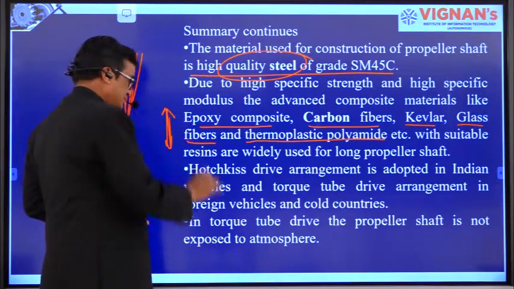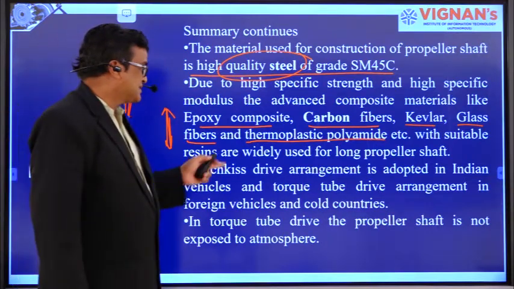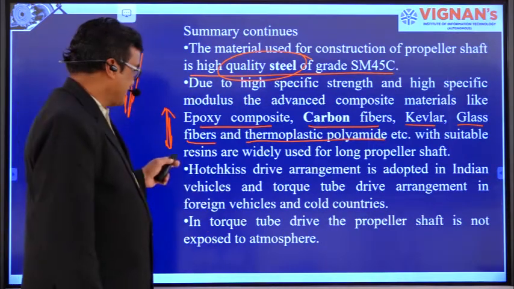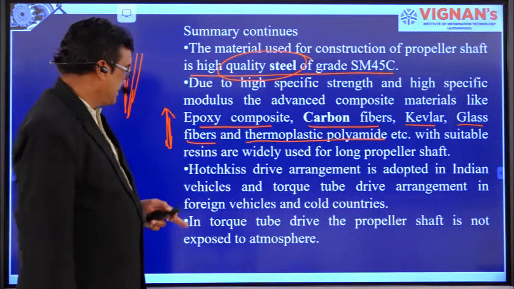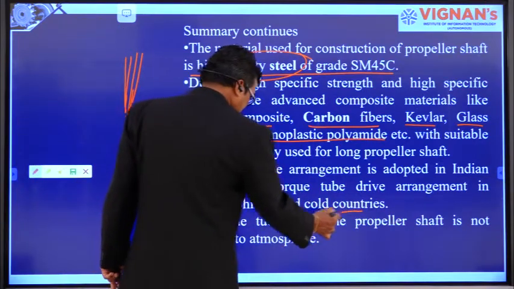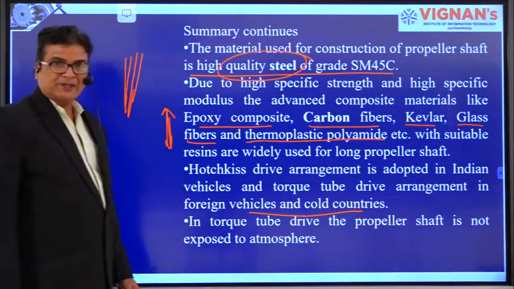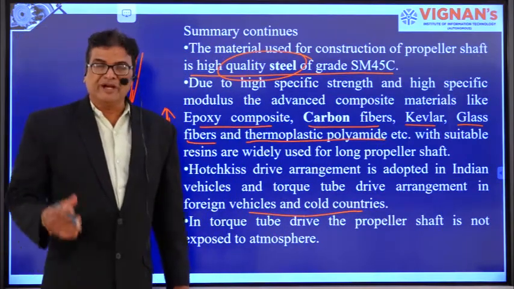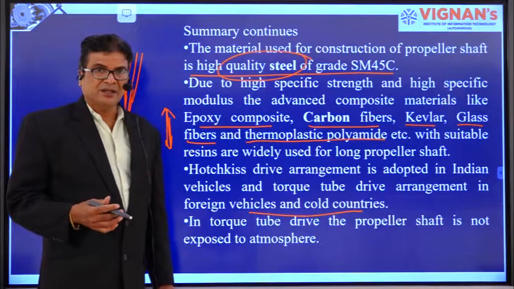Hotchkiss drive arrangement is adopted in Indian vehicles and torque tube drive arrangement in foreign vehicles and cold countries. As I told you, the propeller shaft is a long shaft made of high quality steel.